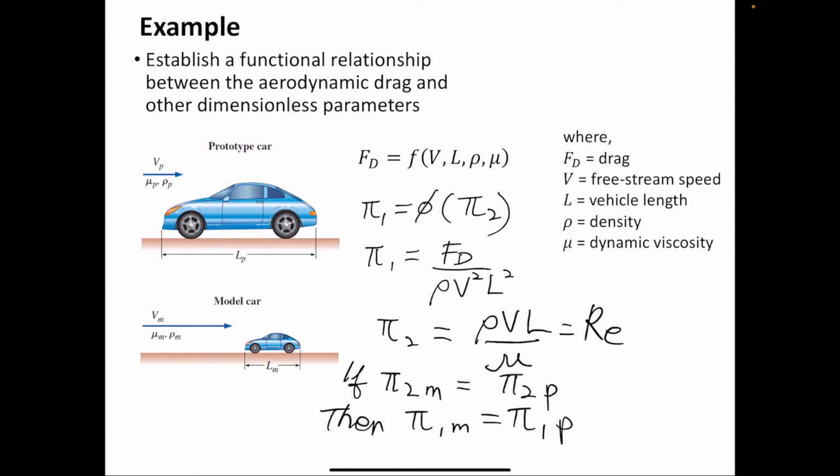Based on the condition required for achieving complete similarity between model and prototype, it means that we only need to match pi 2 of the model with the prototype. And pi 2 is the Reynolds number, which is rho V L per mu.